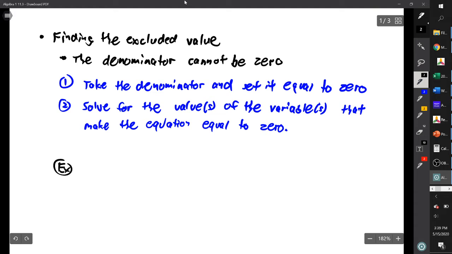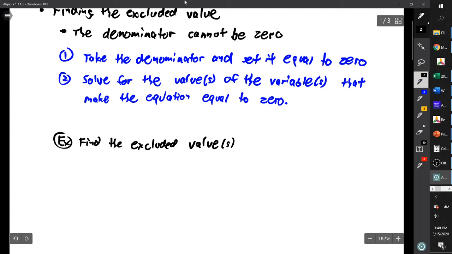So all of these are find the excluded value or values. As you know, with quadratic equations where there's an x squared, there will usually be two different solutions, two different answers.